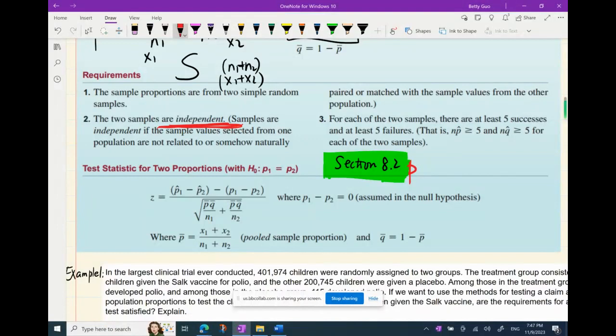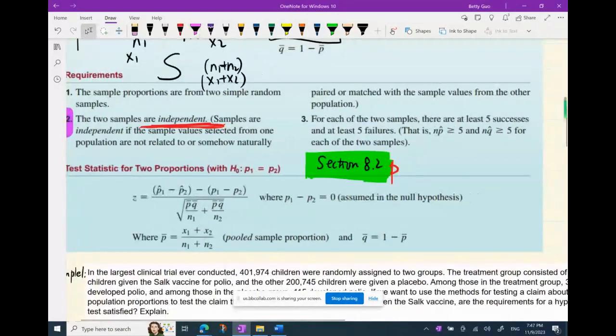Samples are independent if the sample values selected from one population are not related to or somehow naturally paired or matched with the sample values from the other population. This is new. Independent.